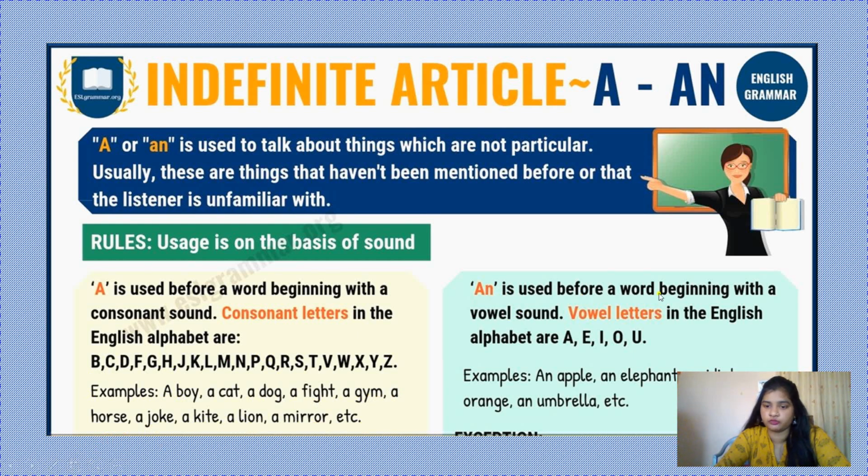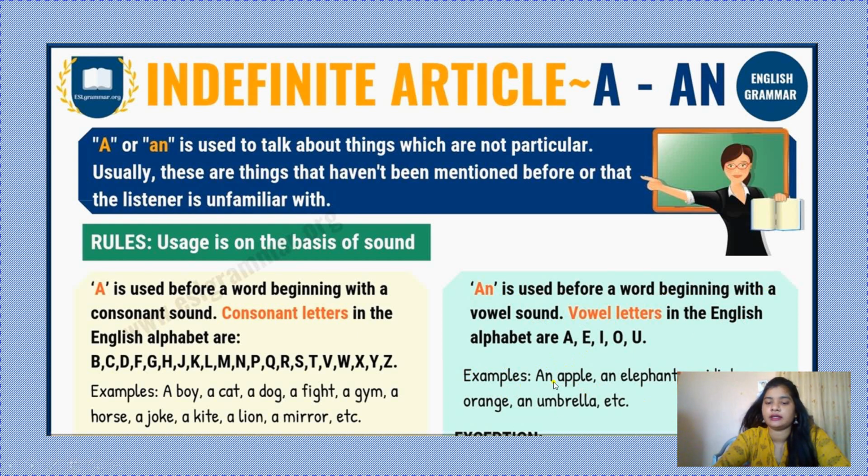An is used before a word beginning with a vowel sound. The vowel letters in the English alphabet are A, E, I, O, U. Examples: an apple, an elephant, an idiot, an orange, an umbrella.